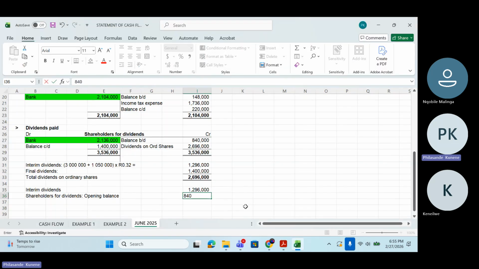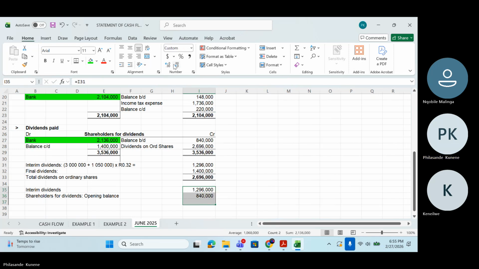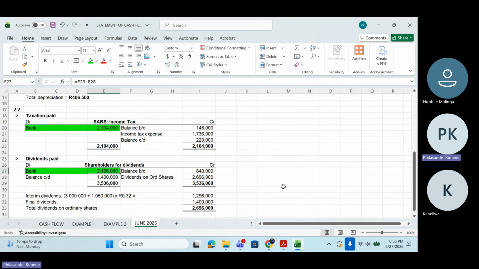And then how much am I going to get? 2,136,000 rands. That is my dividends paid. So this is another method which gives you the same answer as the one that we did there.